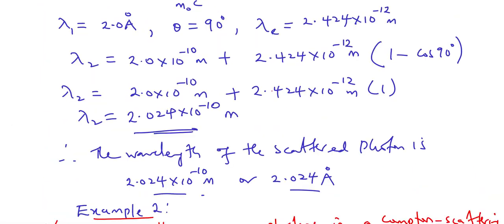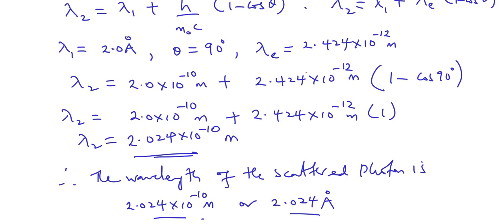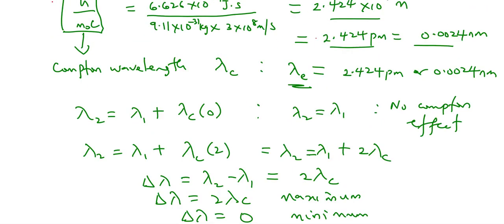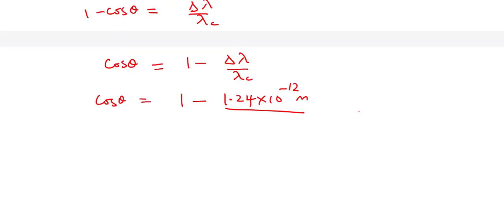So we're going to use the Compton wavelength we calculated here. Since this is also for the electron, lambda c is 2.424 picometer, which is 2.424 times 10 power minus 12 meters.